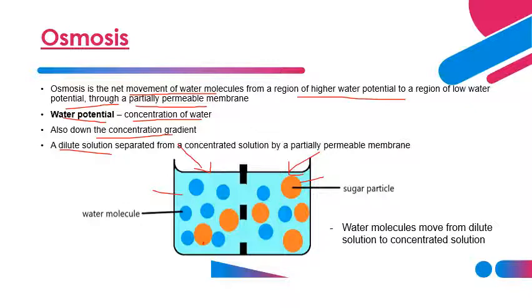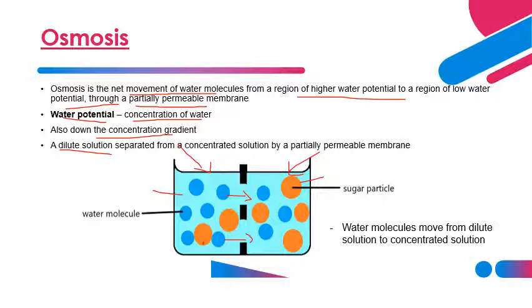So through osmosis the water is going to travel from its region of high water potential, or high water concentration, to its region of low water concentration until the particles become evenly distributed.